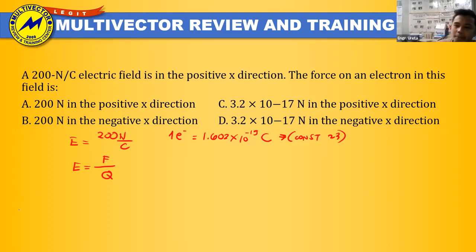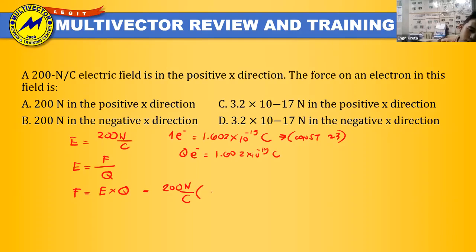Kaya pag pinapahanap is yung force, our force F is just equals to the electric field multiplied by our charge. Therefore, yung E ko is 200 Newton per coulomb, while yung charge ng electron ko is just equals to 1.602 times 10 raised to negative 19 coulomb.